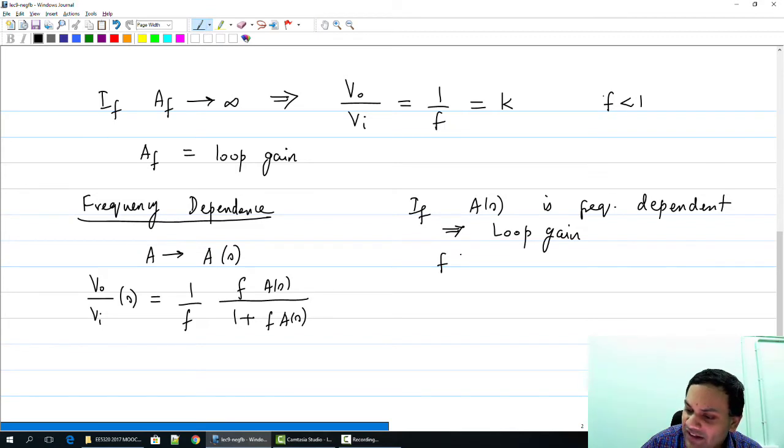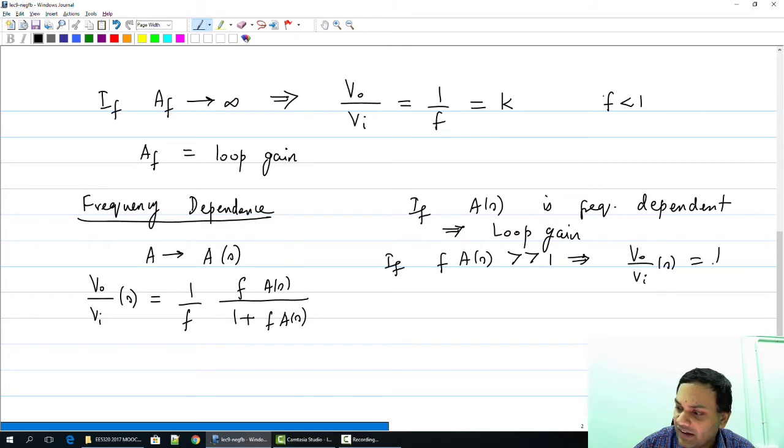So at frequencies where F times A of S is much larger than 1, VO by VI of S becomes very close to 1 over F. If A of S starts degrading with frequency, you will reach a point where the loop gain becomes comparable to 1 and negative feedback is said to be no longer operational.